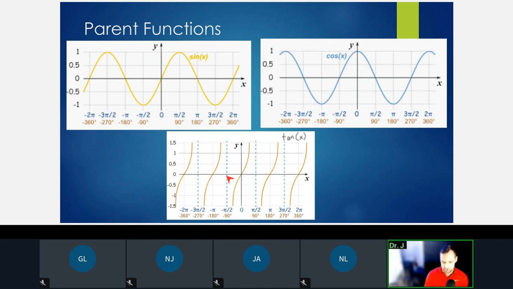It usually causes a divide by 0 error. Now, if you think about it, on the unit circle, we know that tangent is y divided by x. So looking at the unit circle, at what degrees does x equal 0?